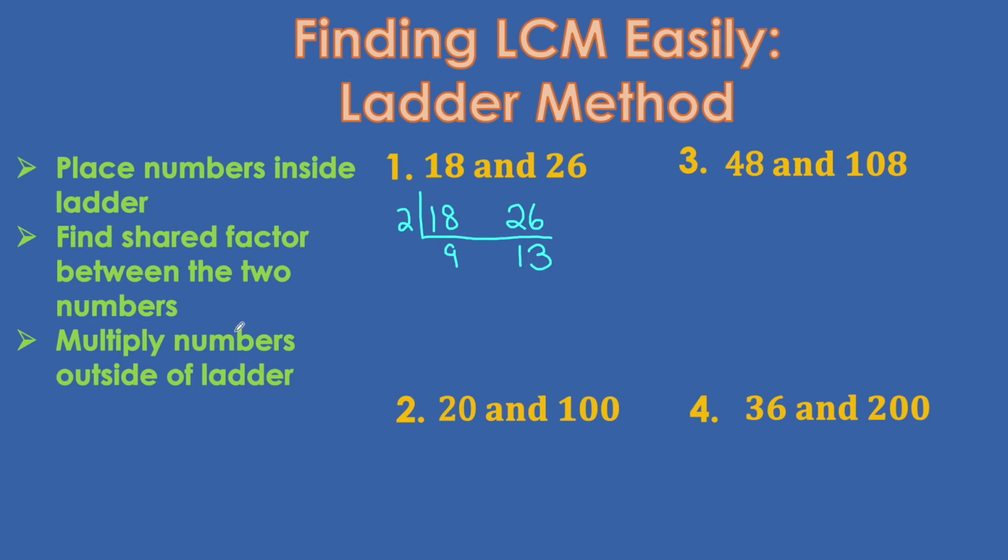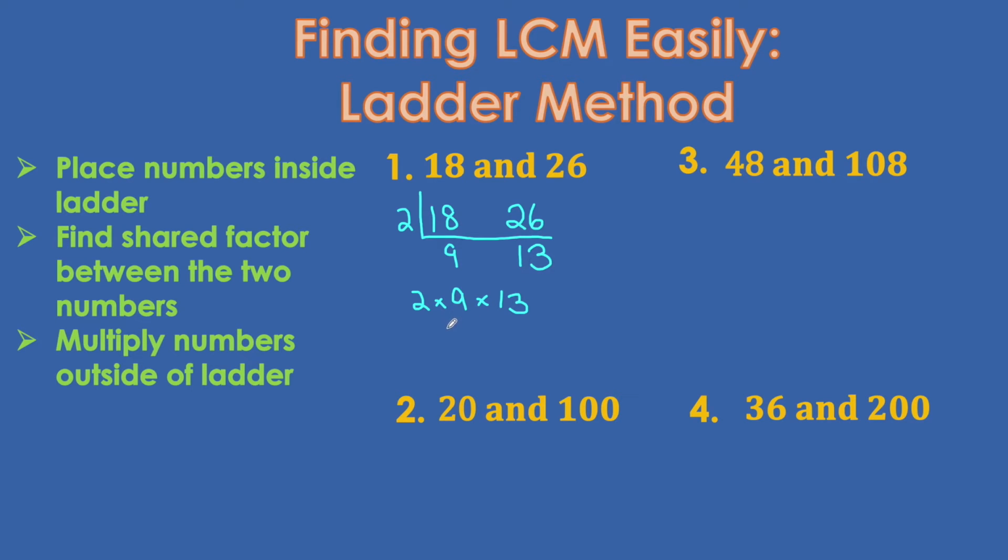Finally, we are going to multiply the numbers outside of the ladder. So we're calling this L-shaped sign the ladder. We're going to multiply the numbers outside of it. So we have 2 times 9 times 13.